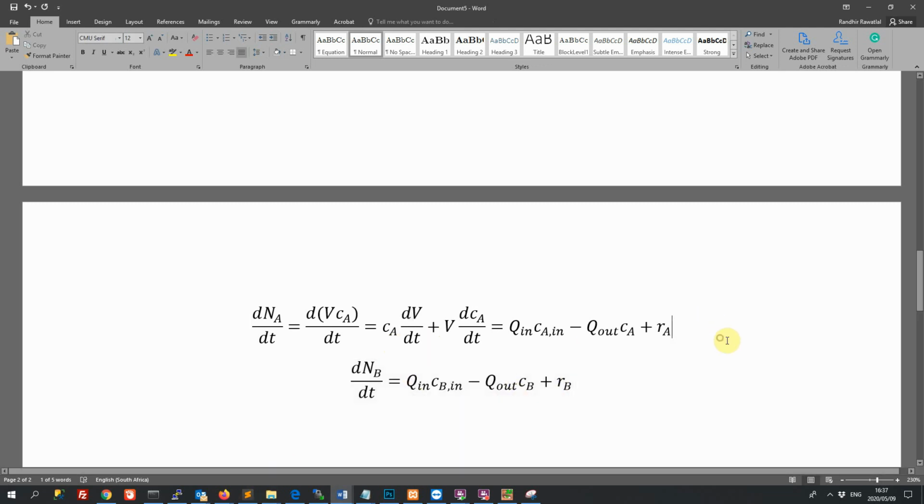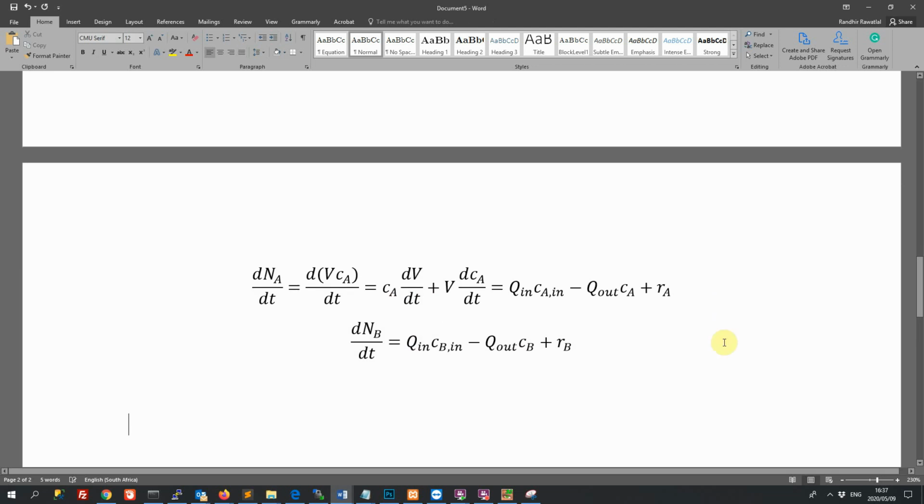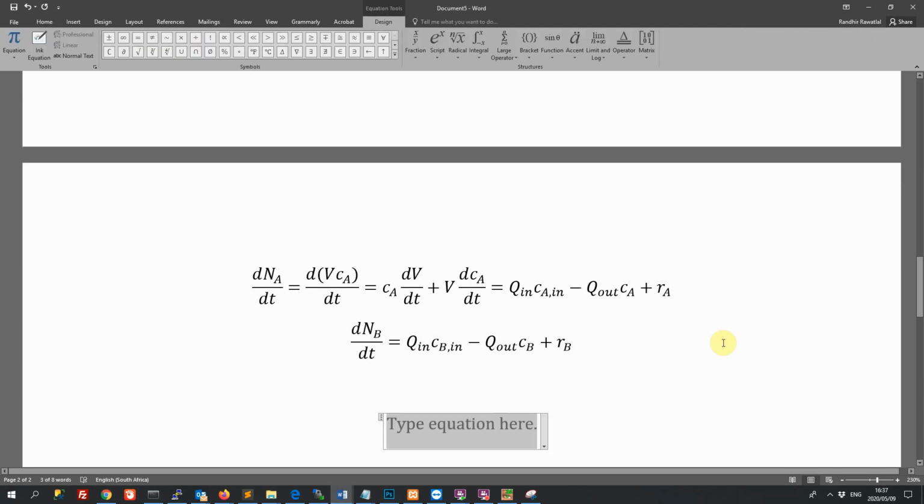So, well, let me explain here what I mean. If we write an overall material balance, if we write d(rho V)/dt, right, that's the rate of change of mass in the reactor, and that's going to be equal to the mass flow rate in.